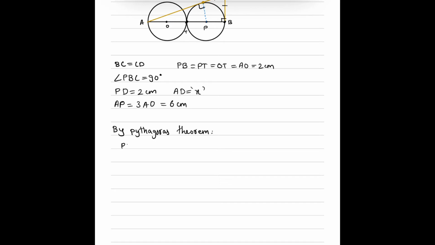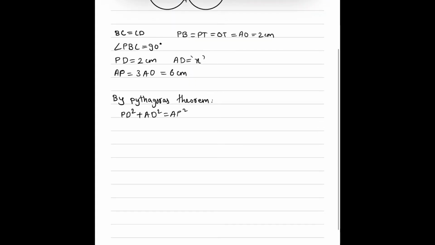we can say that PD square plus AD square is equal to AP square. We know PD is 2, so 2 square will be 4, plus X square is equal to AP square, which is 6 square, 36.